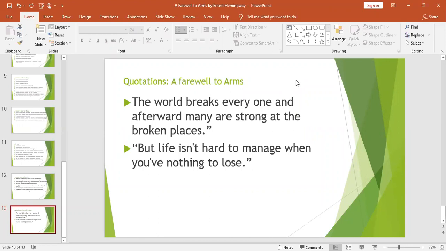Sometimes love has become a bitter experience too, and then there is trauma, there is pain in love as well. So we are broken at war, and sometimes we are broken at love also. The world breaks everyone, and afterwards many are strong at the broken place. Whenever we have painful and bitter experiences, after these experiences, we become strong.